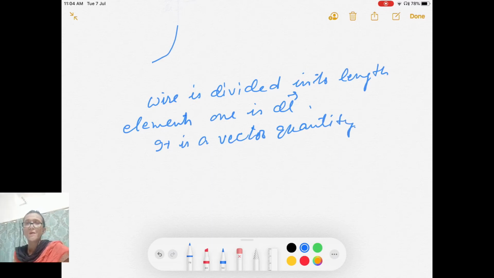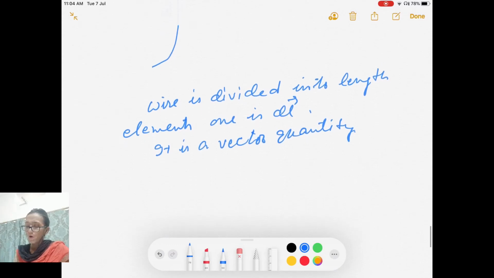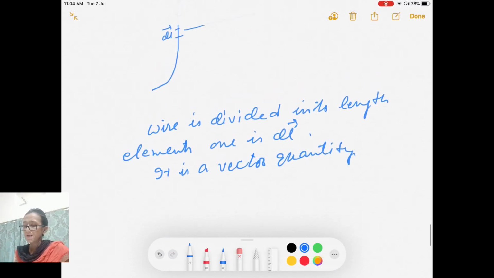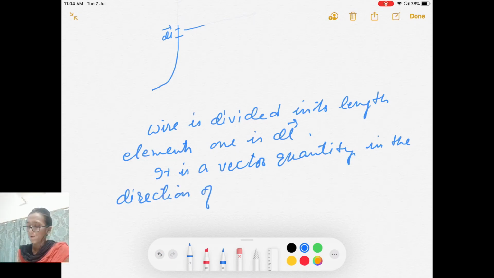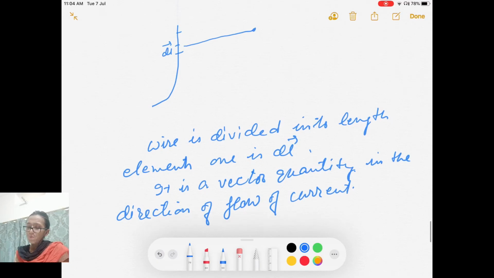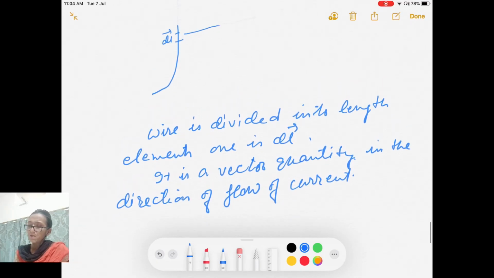If you multiply the length element with the current flowing through it, it is a vector quantity in the direction of flow of current. So for a small length, what is its magnitude?